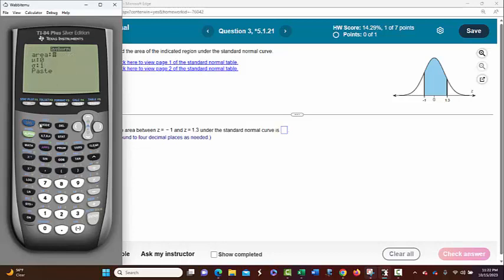Let me quit before I. All right, second, distribution. The lower number is -1. The upper number is 1.3. And then 0 and 1. 7445.